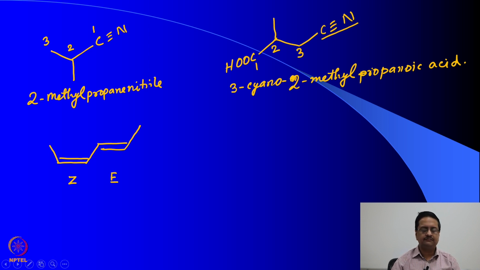So, which one should get priority and from which side we should number the atom? Of course, Z gets priority over E. So, as a result, we number the atoms from the left hand side.